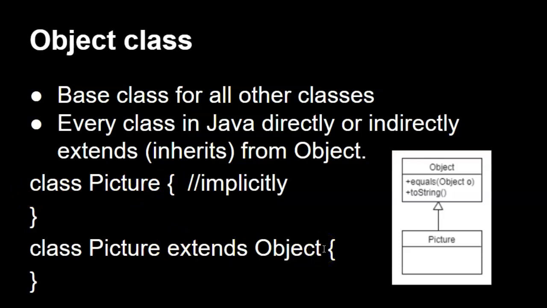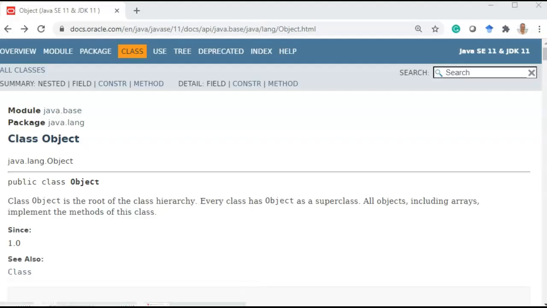So there's no way to create a class without it extending object. You could have other descendants of picture. You could extend picture, but picture extends object. And so there's some aspects of object that are in everything, or all aspects of object are in everything.